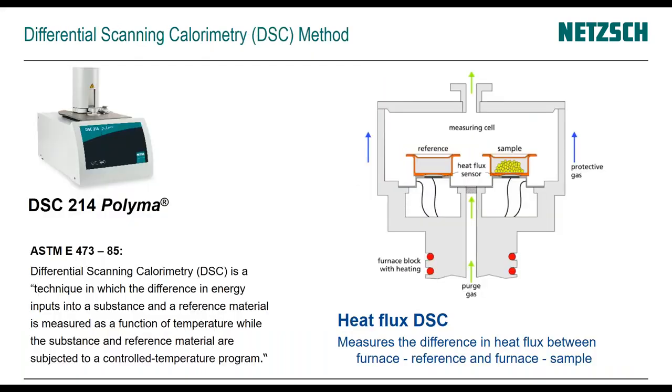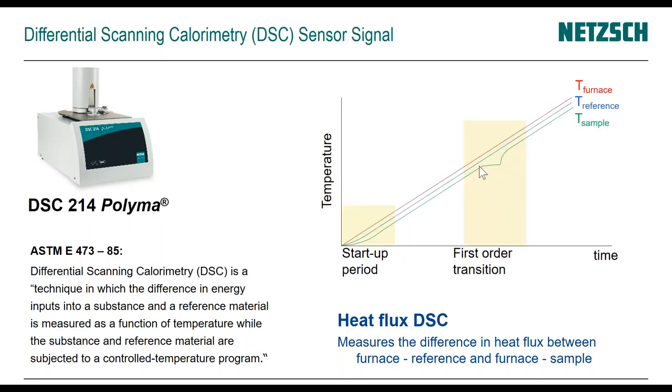So we used differential scanning calorimetry for it, and those of you familiar with the technology and Netzsch, the DSCs that we have are heat flux DSCs, where we measure the difference in heat flux between the furnace and a reference, and the furnace and a sample. And by comparing the two, we can get information about effects that vary between reference and sample.